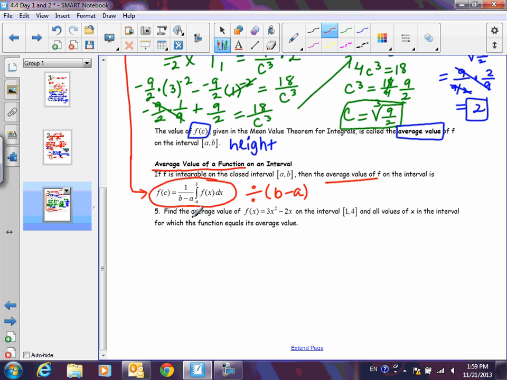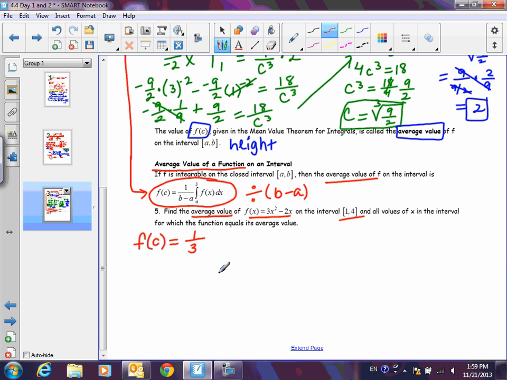So at number 5, find the average value given this function on the closed interval. It also says to find all values of x in the interval for which the function equals its average value. We'll get to that second. So first we find the average value, which means we're finding f of c. So f of c equals 1 over b minus a, that would be 1/3, 4 minus 1.